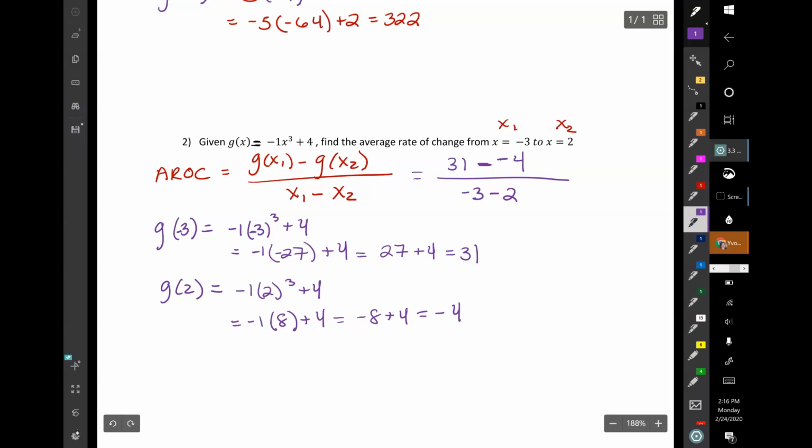So you really do have to make sure the corresponding x's go in the same order as you did the y's. So then it will become plus plus. So I get 35 divided by negative 5. So my average rate of change is going to be negative 7 for that problem.